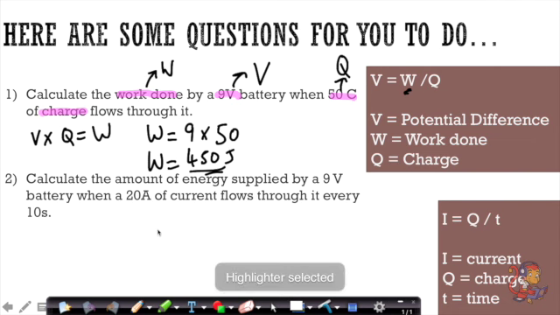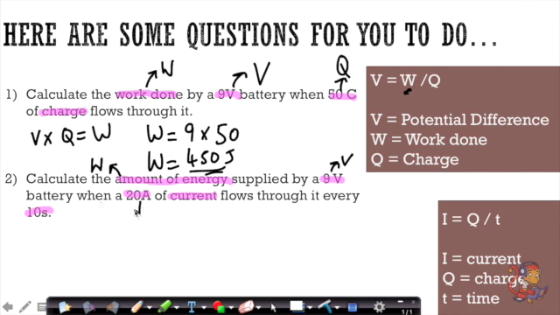For the second question, you've got calculate the amount of energy supplied by a 9-volt battery when a 20 amp current flows through it every 10 seconds. So here we've got energy, which would be the same as work done, so I'm going to put that as W. We've got a 9-volt battery, which is our potential difference.